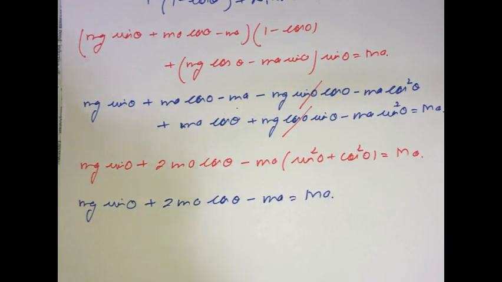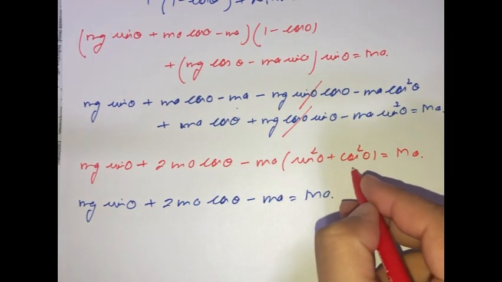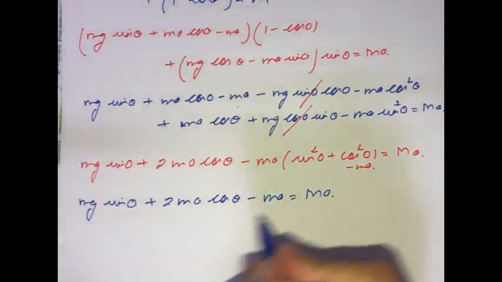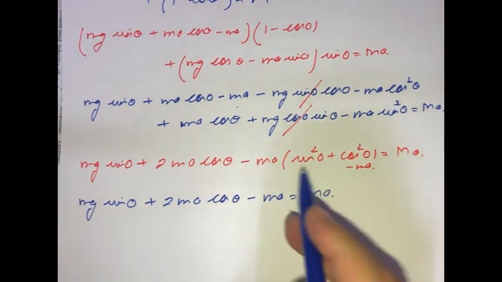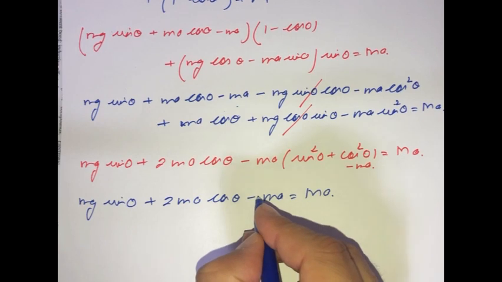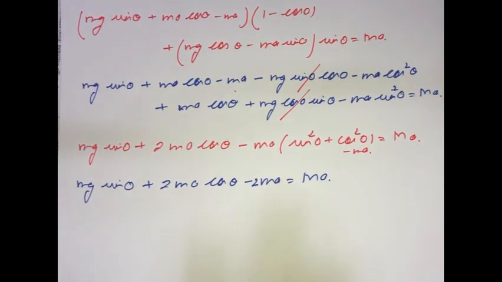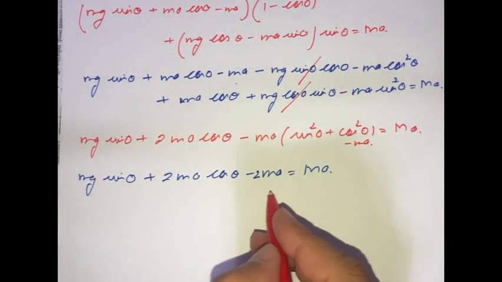So let me put it here. This will be giving me minus ma. So there will be minus 2ma. Now it looks correct.